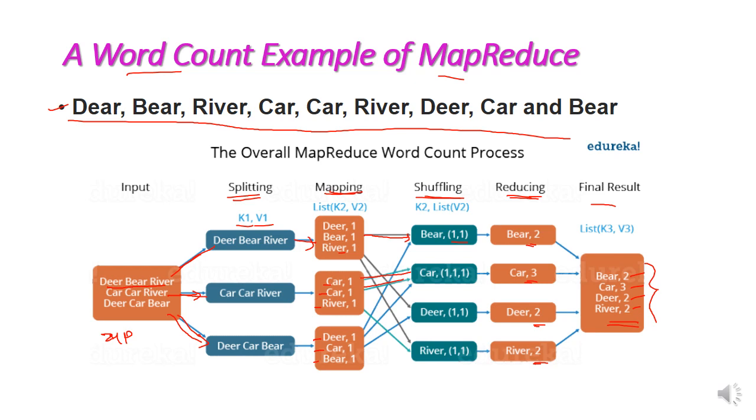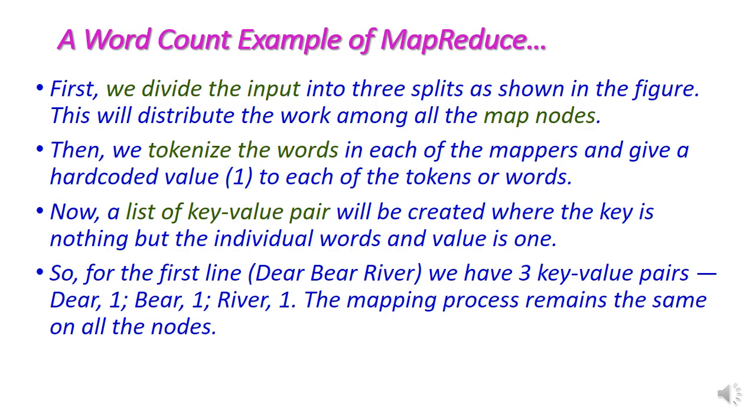So we are going to count all the words in a text file. First, we will divide the input, and all the divided input will be distributed to the map nodes. Then we tokenize the words in each mapper and give a hardcoded value of 1 to each token or word.